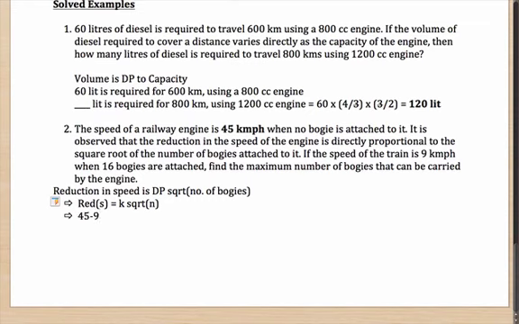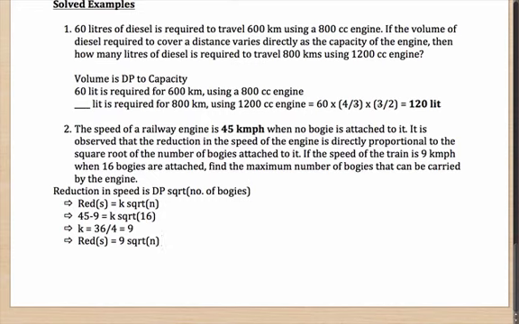From 45 the speed has gone down to 9. There is a proportionality constant k and square root of number of bogies is 16. So that gives me the value of k as 45 minus 9, or 36, over square root of 16 being 4, as 9. So I get my equation as reduction in speed as 9 square root of n.